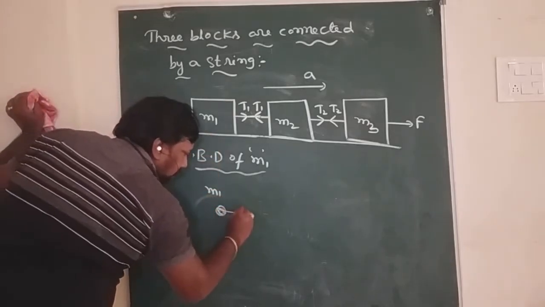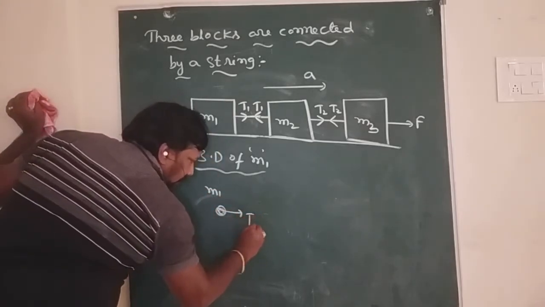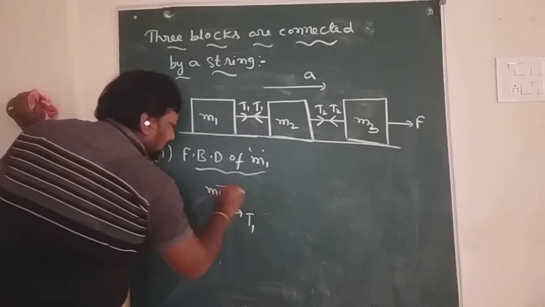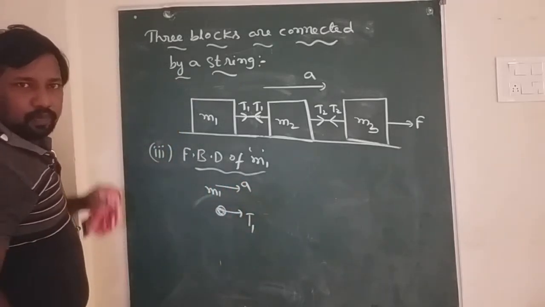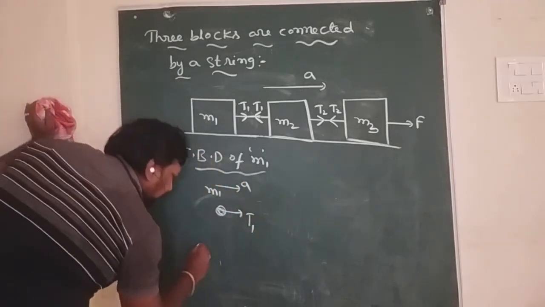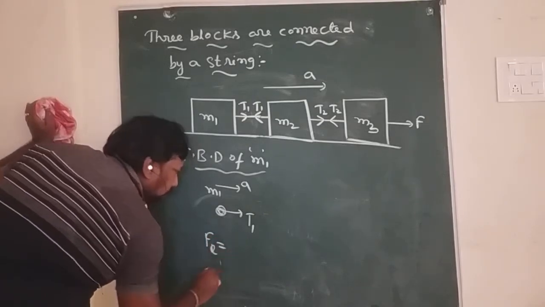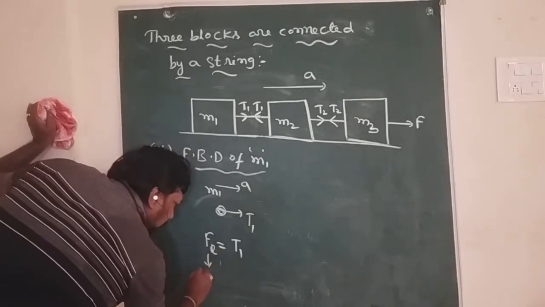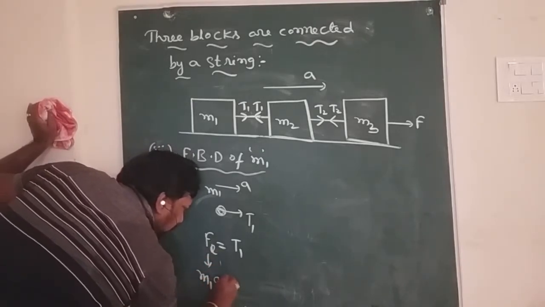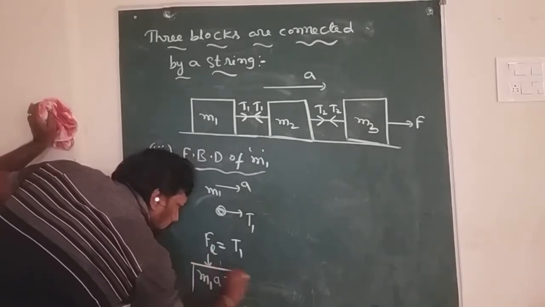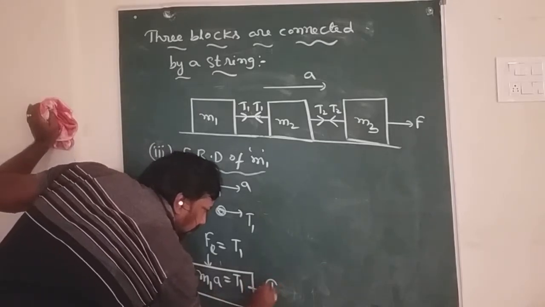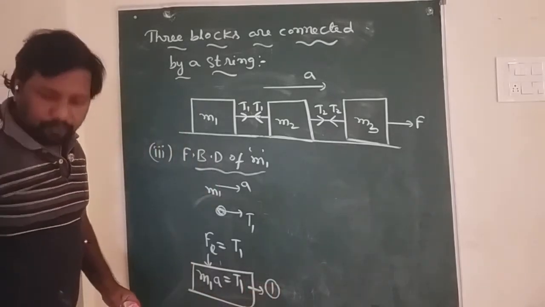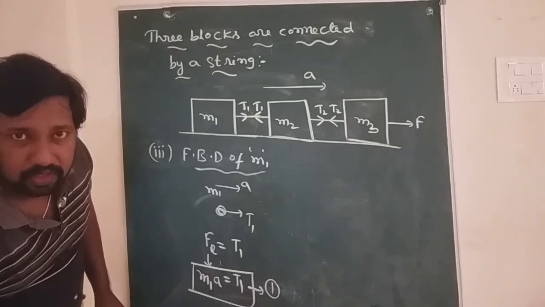Here the tension force acts only on the right side, that is T1, and the acceleration of the block is A, towards the right side. Therefore according to Newton's second law, Fr equal to T1. So M1A equal to T1. This is equation number 3. Now we can find out the acceleration of this system.